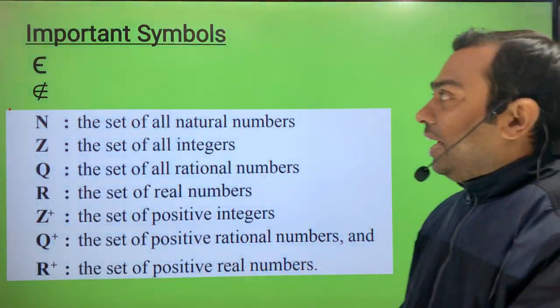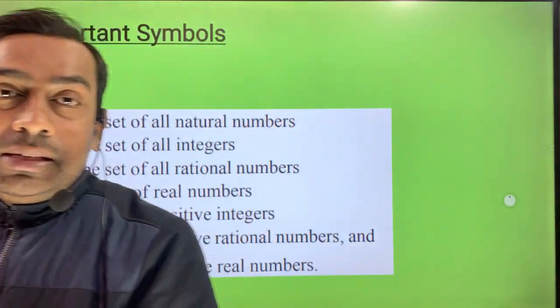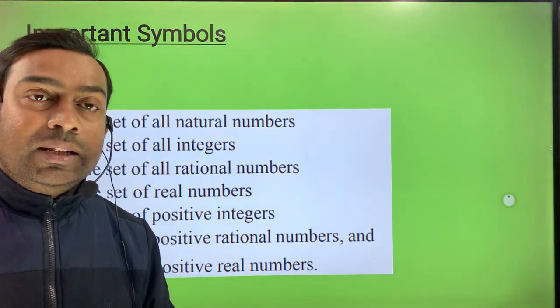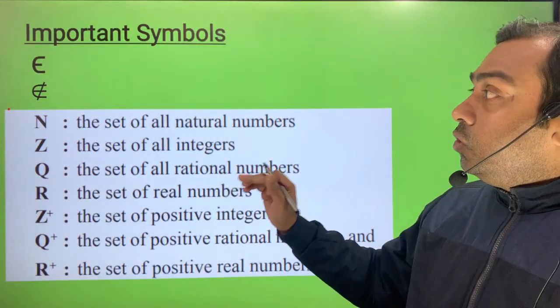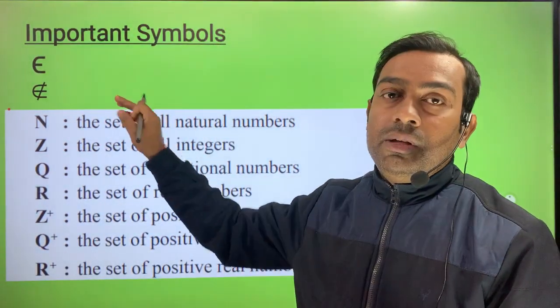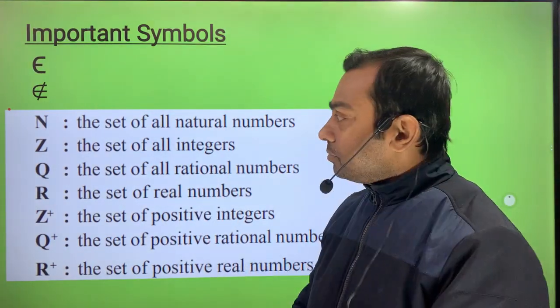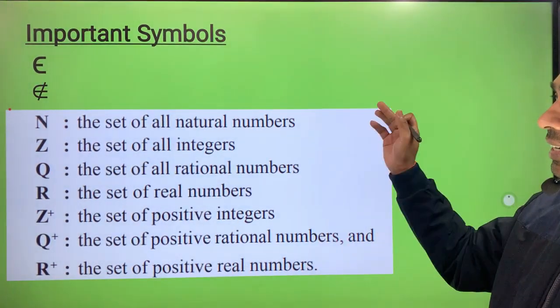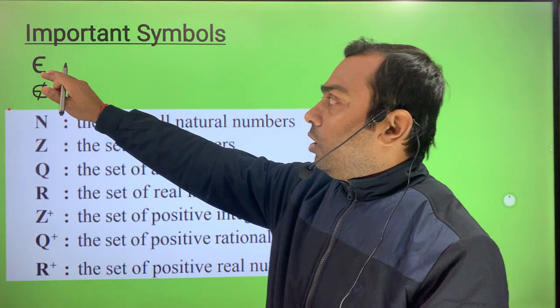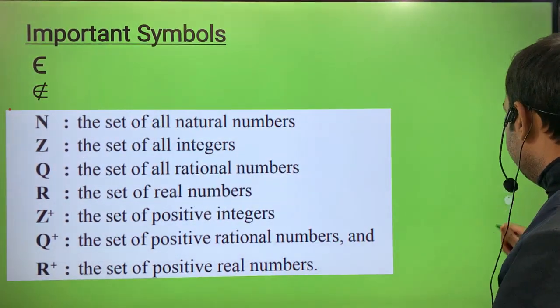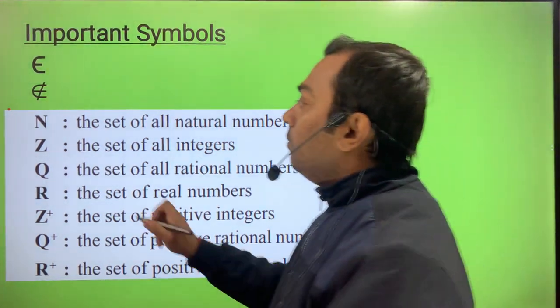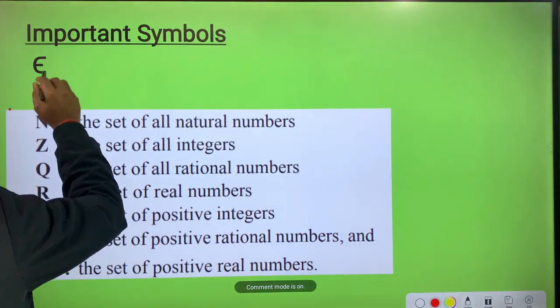Now next are some examples of symbols. These are very frequently used in set theory. Whenever you study this chapter, you will become familiar with all these symbols. Let's see. First is epsilon. What does it mean? It means belongs to.